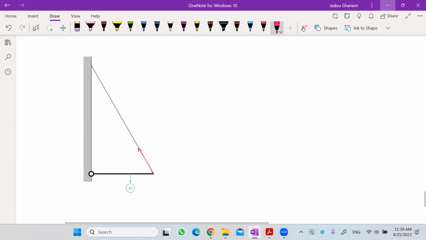The other force will be the weight, which is this one, downward, and the weight of the rod, which is also acting downward. Since they have the same weight, 10 and 10, then we will have 10 Newton here, 10 Newton here, and here we have a tension. This is where we ended up yesterday, okay?